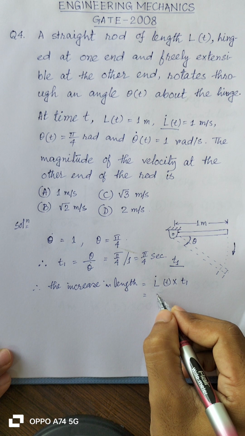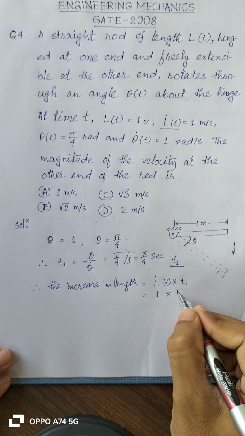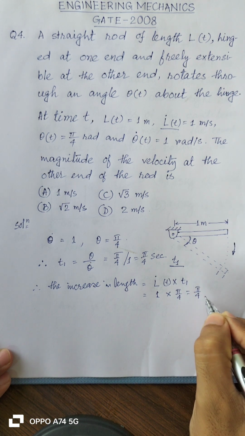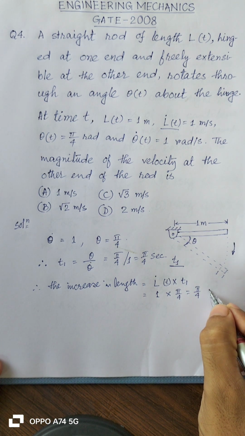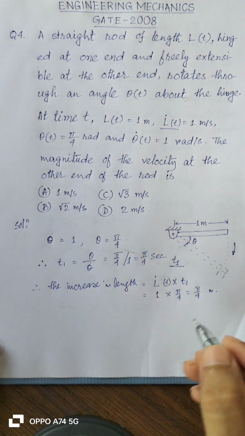So this is nothing but 1 meter per second into pi by 4, so that is equal to pi by 4 meter. Okay, so this is the increase in length.